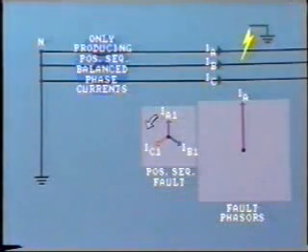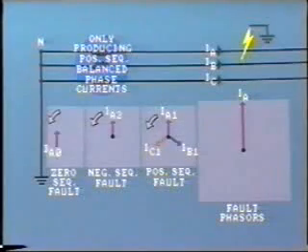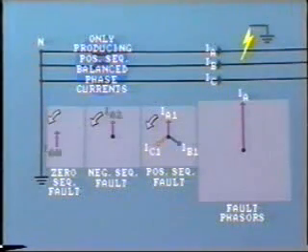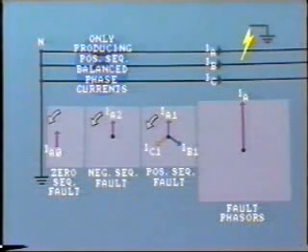Now let's look at the currents. First, it is apparent that the current at the fault, IA, is about 3 times the magnitude of the positive sequence IA1. The difference, of course, is made up by the presence of 2 other sequence currents, IA2 and IA0, which are of the same magnitude and in the same direction.